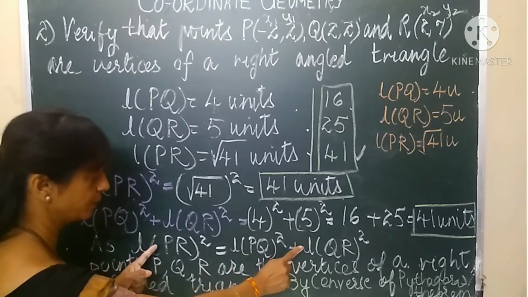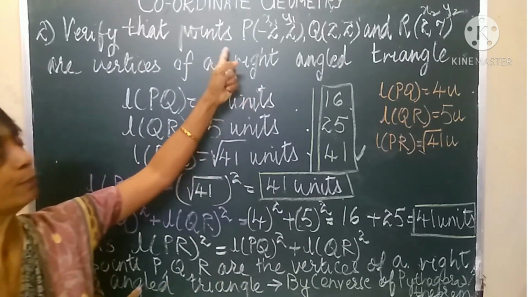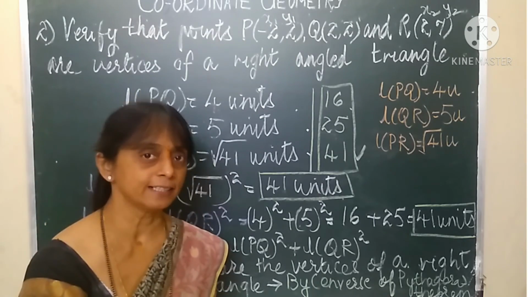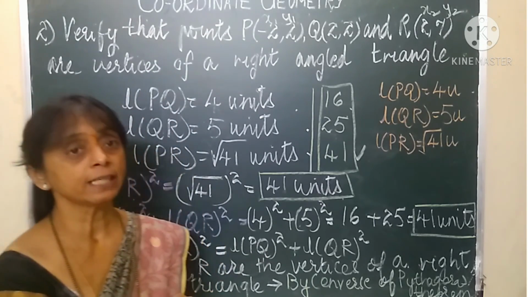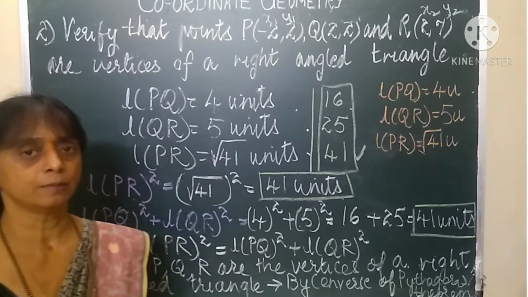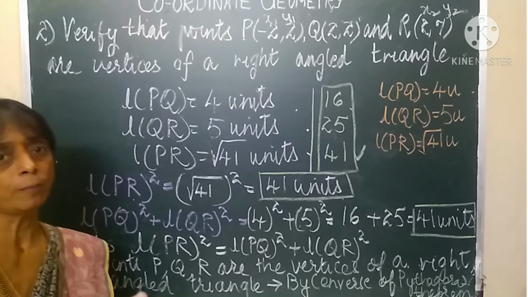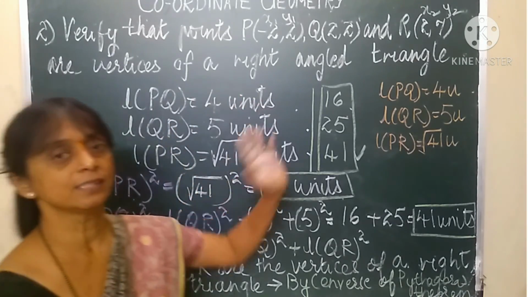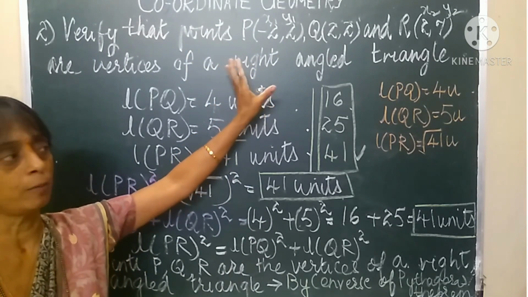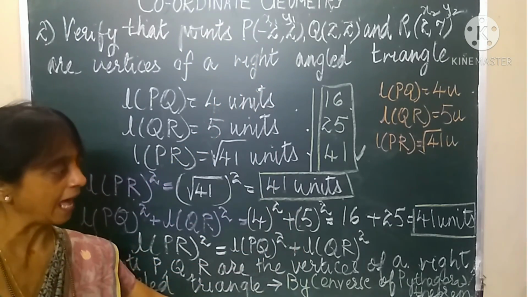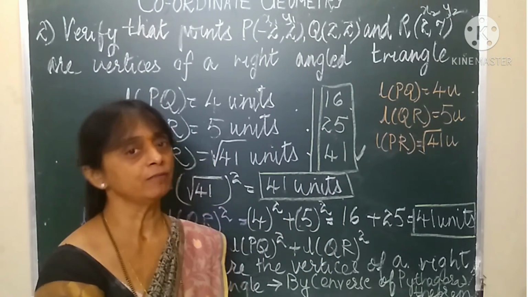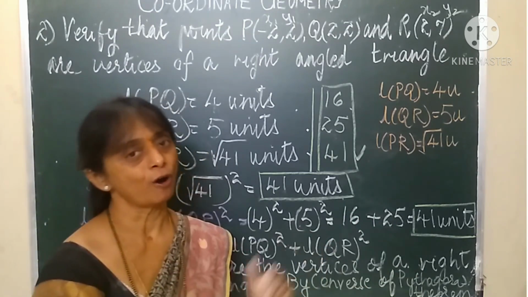As both the answers were equal, we could say that these points P, Q and R are the vertices of a right angle triangle. And what support did we take? We used the converse of Pythagoras theorem. So what did we do, children? In all problems, if we see, we are just using the distance formula, and depending upon the conditions given in the problem, we are applying it, and if they satisfy the conditions of the given requirement, then we conclude yes or no.